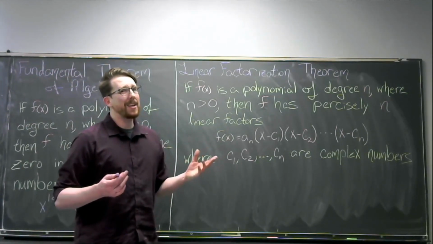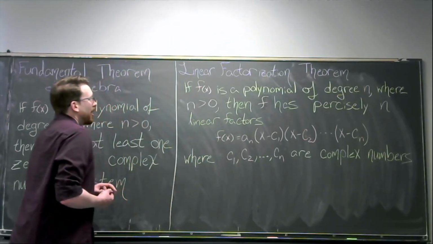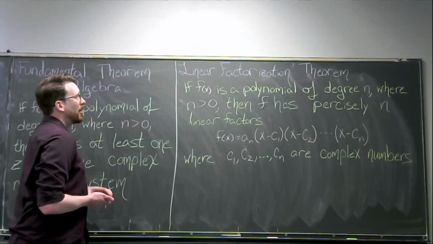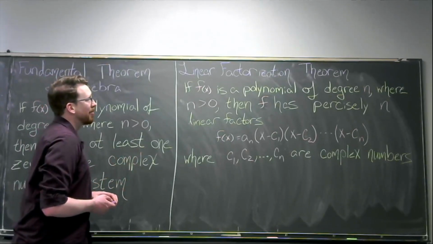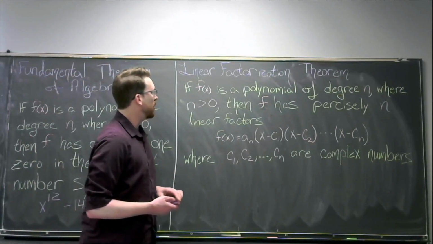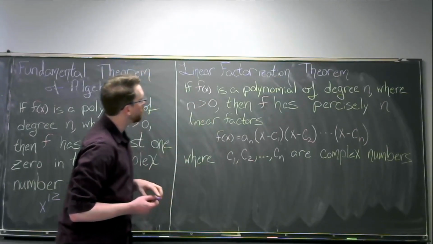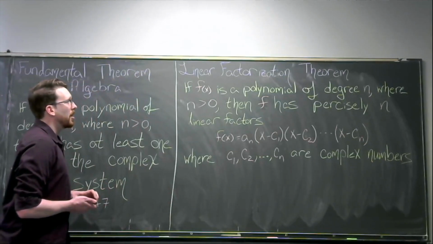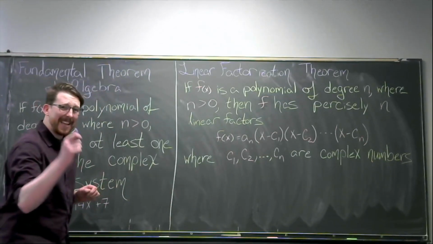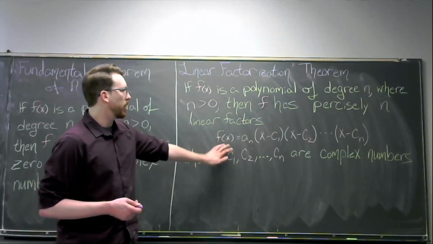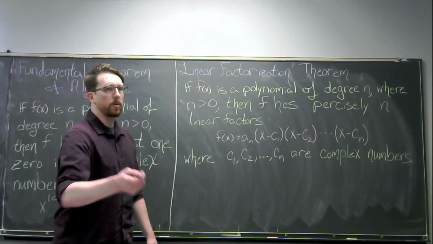It's called the linear factorization theorem. The basic idea is that you've got this polynomial, f of x, of degree n, where n is greater than 0, then you have exactly n linear factors for that function. Okay, so what does that mean?